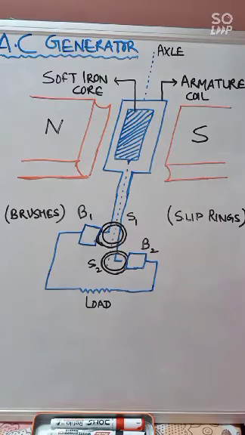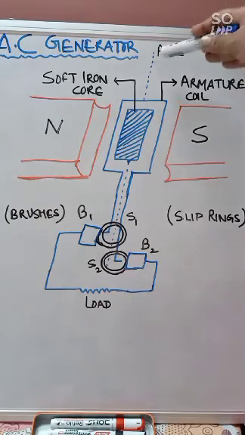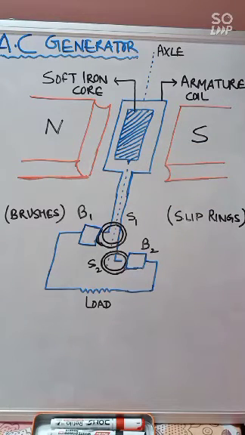Whereas in an AC generator, we are converting mechanical energy into electrical energy. So the output is the current that we get from that, right?